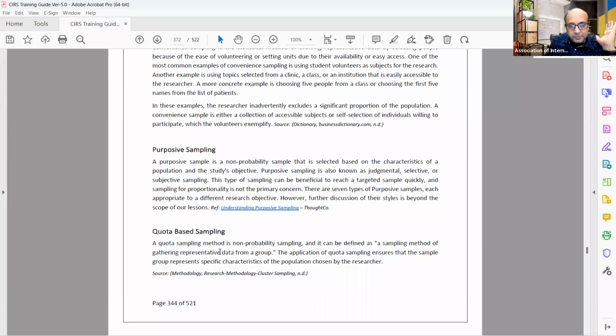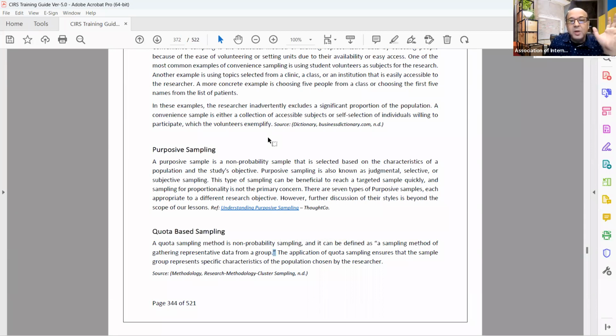Then we have quota-based. Quota sampling is non-probability sampling, a sample method of gathering the data from a group. Now, you have to understand one concept: representative of a group. Representative of a group generally means that they have some characteristics which qualify them, or which are unique or similar to each other, so that they fit into the sample.